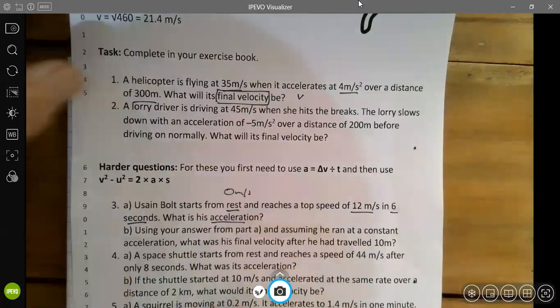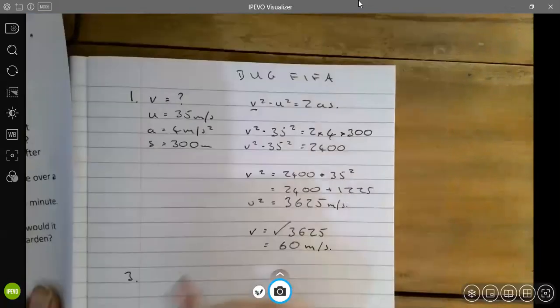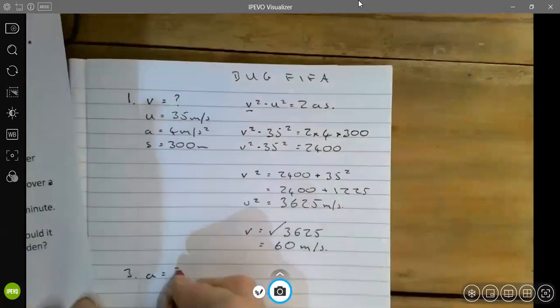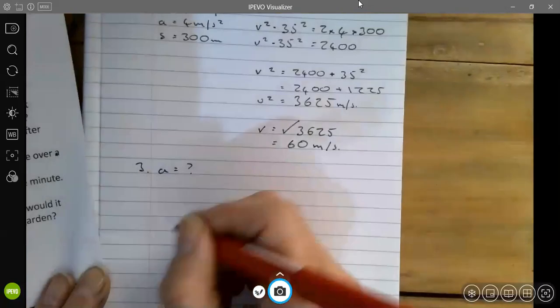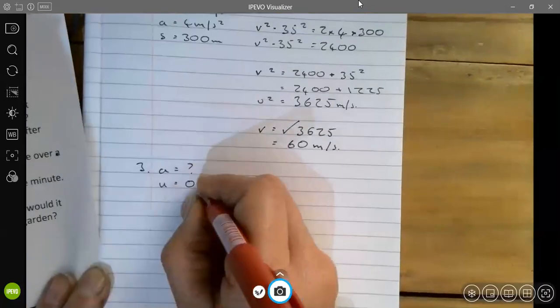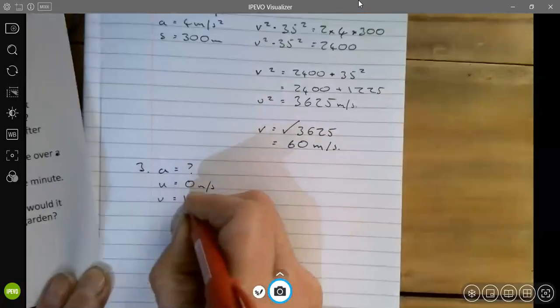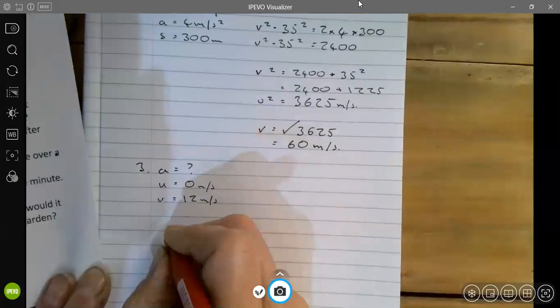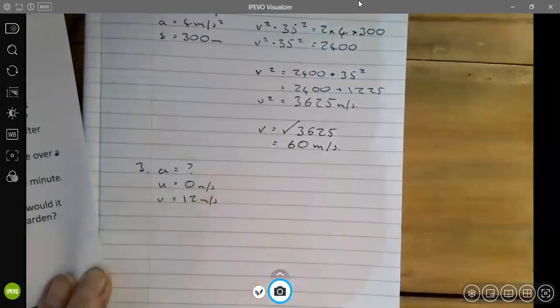So in a box, acceleration, I'll put the lines, and now I'm going to grab the data. Acceleration, I don't know what that one is, but I do know that I've got my initial velocity of 0 meters per second, top speed of 12 meters per second, so that's its final velocity. I know that its time is 6 seconds.